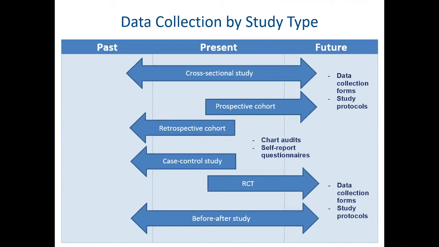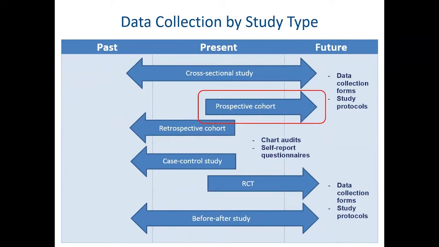Observational studies are based on collecting data at different points of time. And because of that, cross-sectional studies occur at any point in time, collecting very specific data using very specific forms and very specific protocols, but it's a one-time deal.